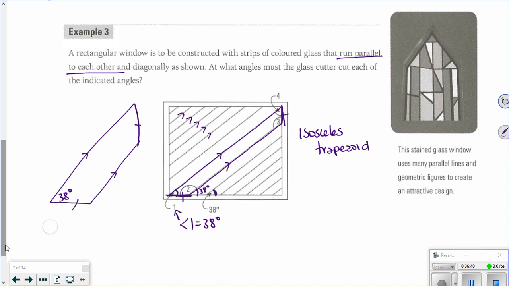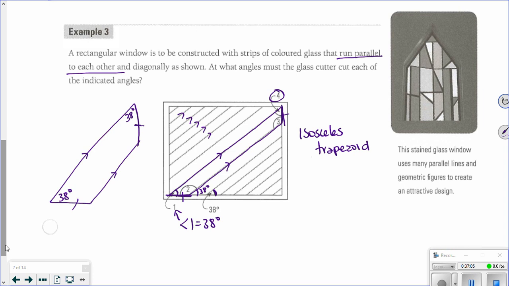So the ends of my same sized angles, what was 1 and 4 up here, are equal angles. We just talked about that in the last example. So if this is 38 degrees at the bottom, angle 4 is also 38 degrees. So I need to find 2 and 3.